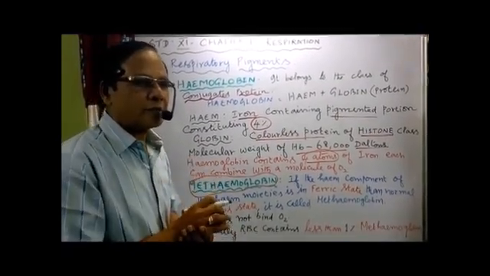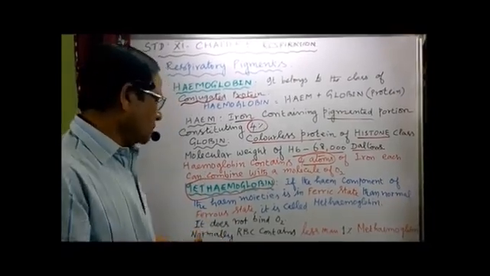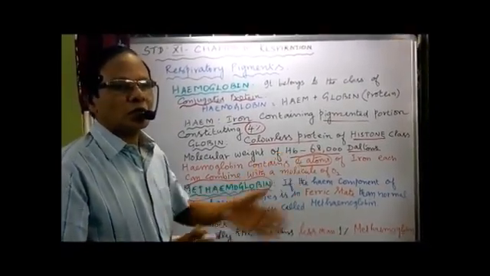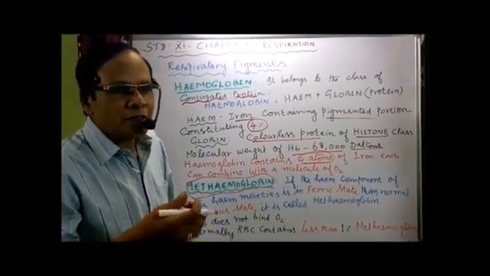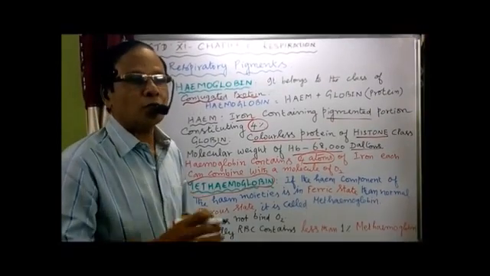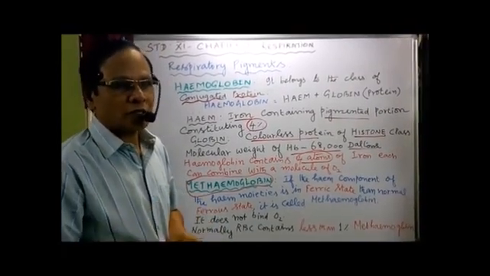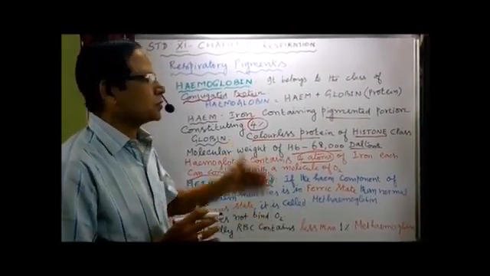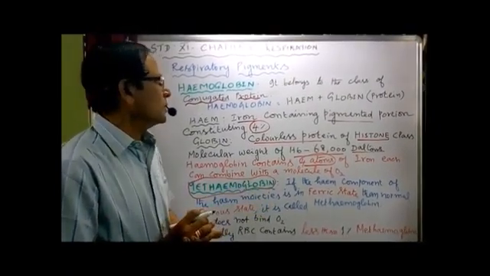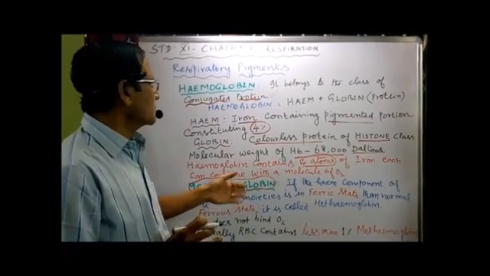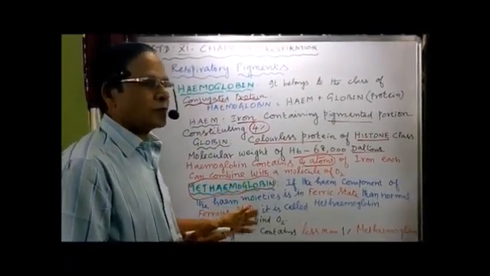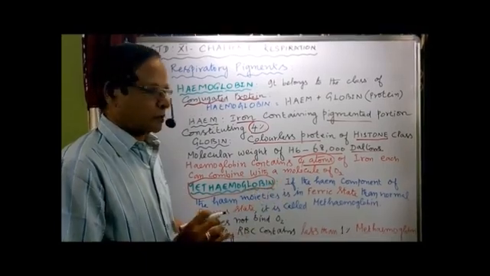Normally RBCs contain less than 1% of methemoglobin. If the percentage increases, then we have blue baby syndrome, particularly in children. This is because of pollutants; sometimes arsenic in water may cause it. That's about the respiratory pigments. The main pigment is hemoglobin; the abnormal pigment methemoglobin doesn't take part in the transport of oxygen.